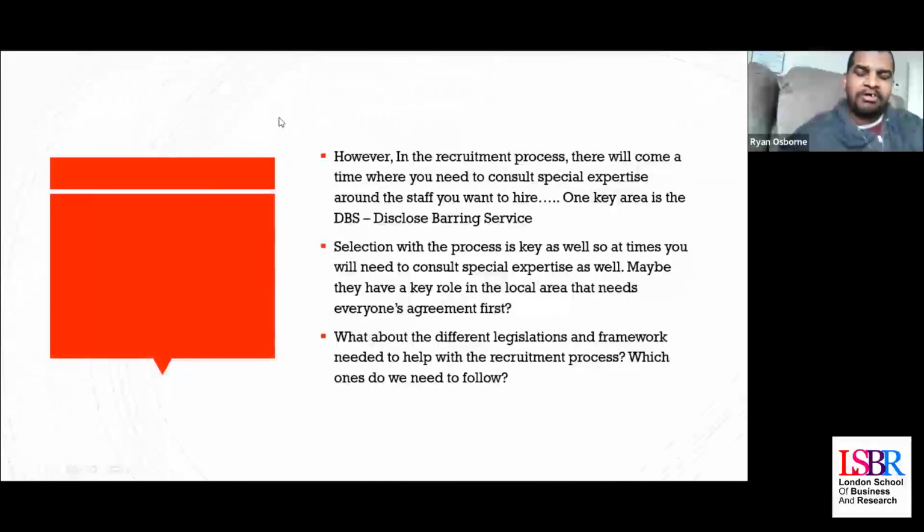Can you think of other legislations that people need to follow when they're looking to recruit someone?